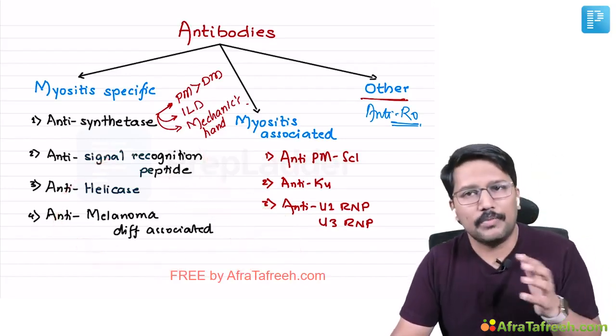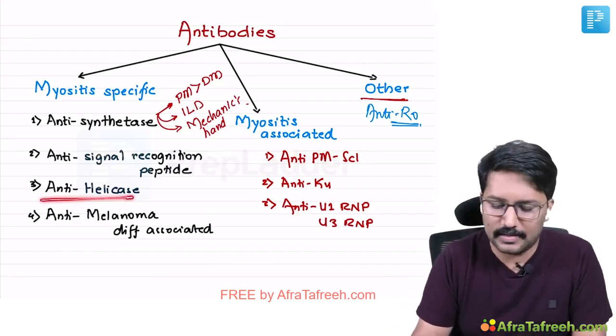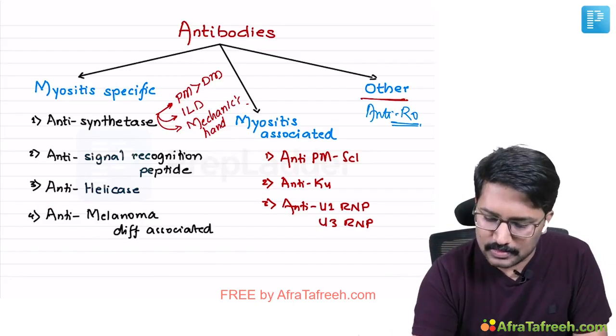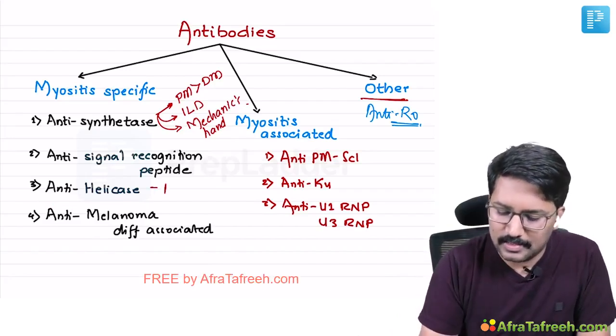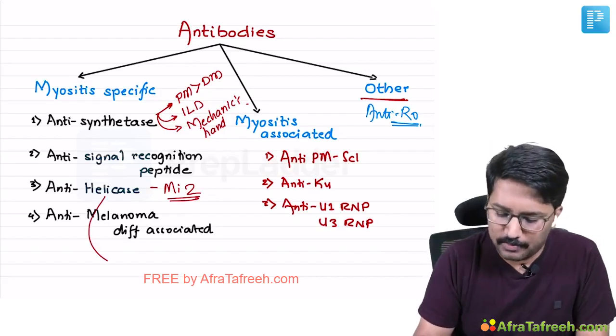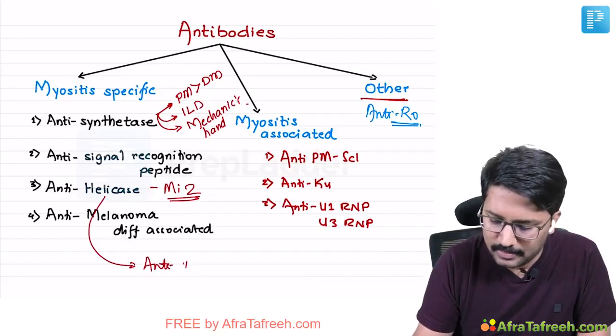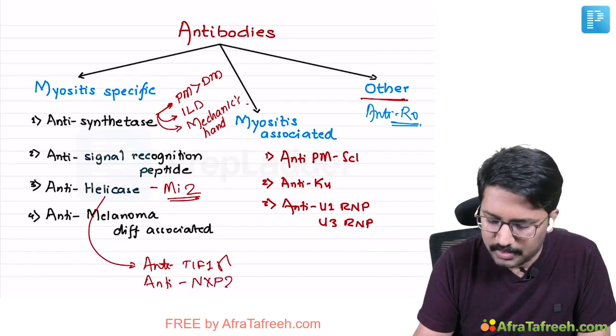Okay, now we come to the third set of myositis-specific antibodies, which we call anti-helicase antibodies. Traditionally what is considered under anti-helicase is the anti-Mi2 antibodies, but apart from that we have another set of antibodies that can be considered under the same heading, that includes anti-TIF1 gamma antibodies, then anti-NXP2 antibodies, right?